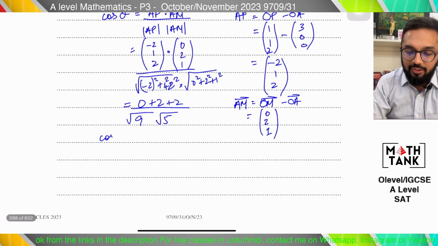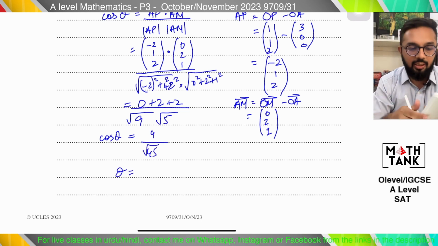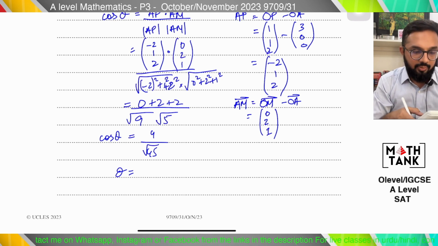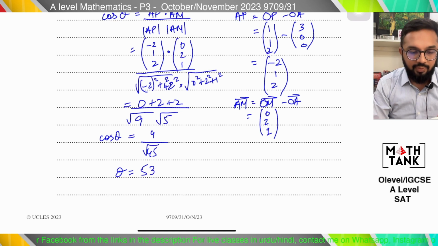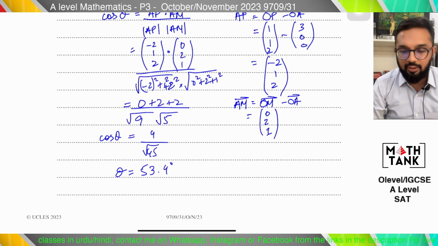Okay, so cos theta equals 4 over root of 45. Let's see if we get theta correct. I'm getting 53.4 degrees. Let's check if that is the correct answer. Yes, that is indeed the correct answer.